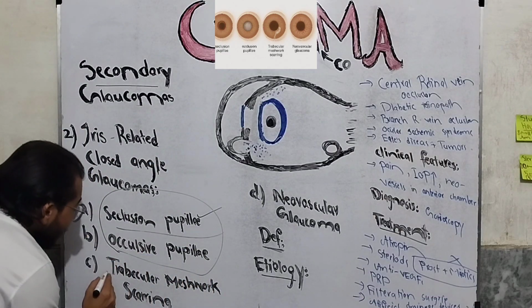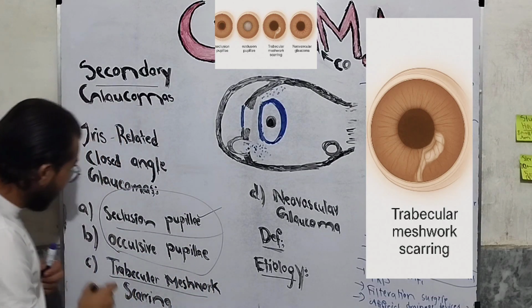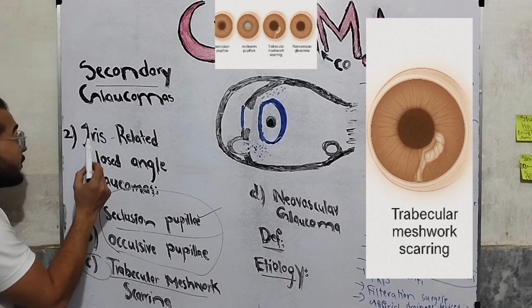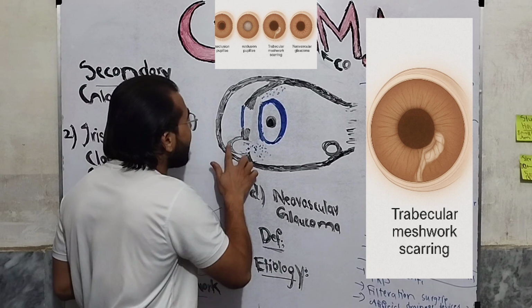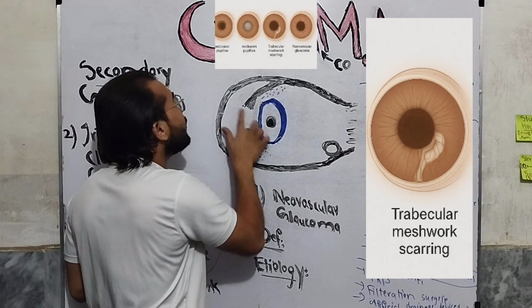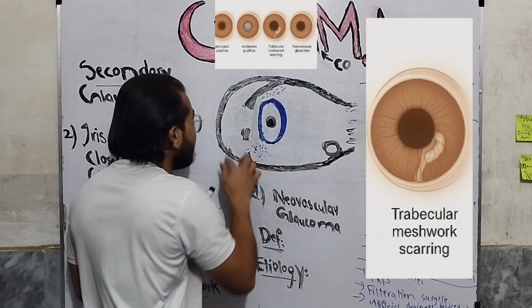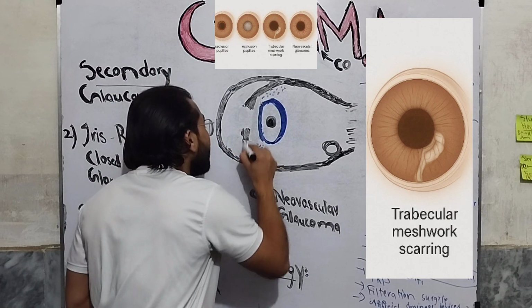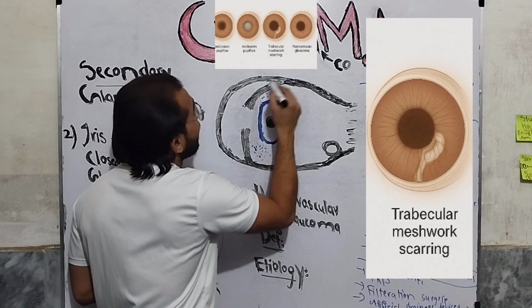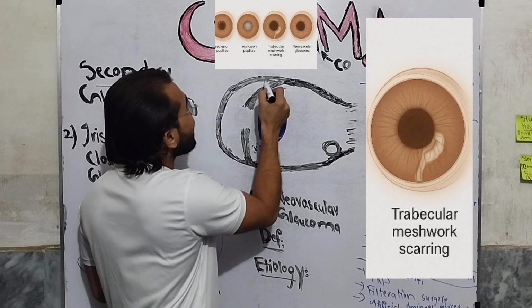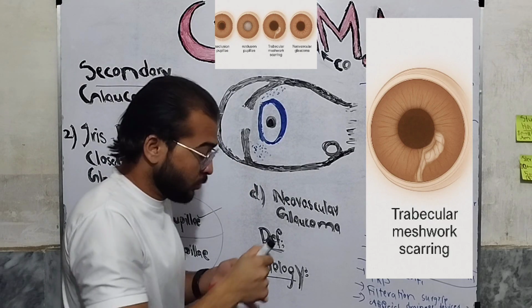Now we have trabecular meshwork scarring. The third closed angle secondary glaucoma is trabecular meshwork scarring. What is happening in the trabecular meshwork? When there is chronic or prolonged inflammation of the iris, it can cause inflammation of the trabecular meshwork.